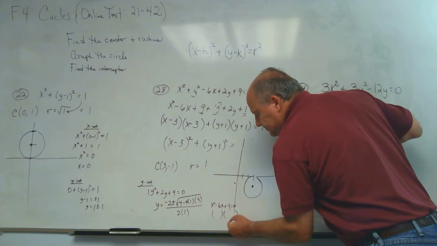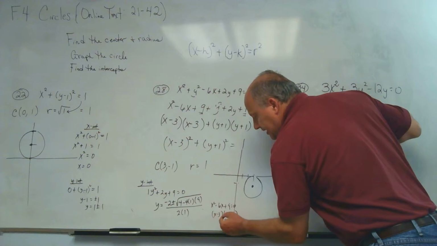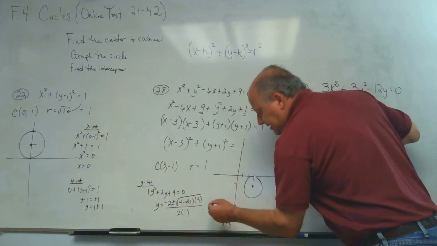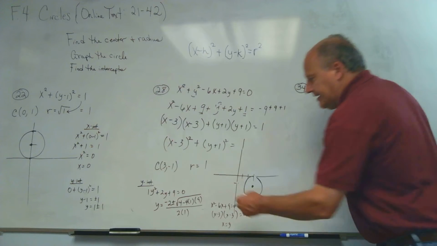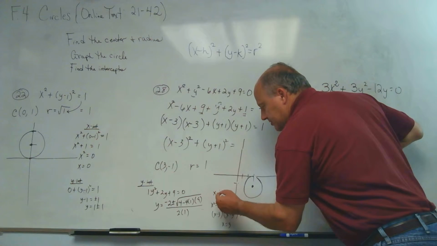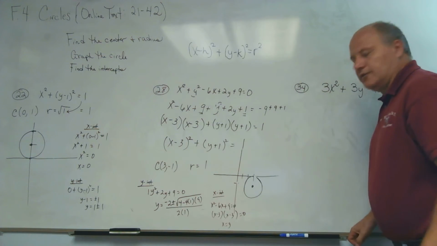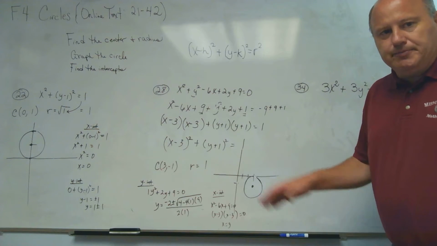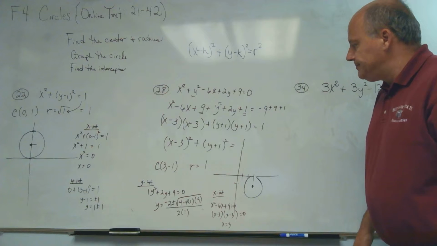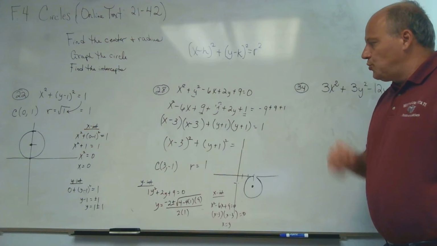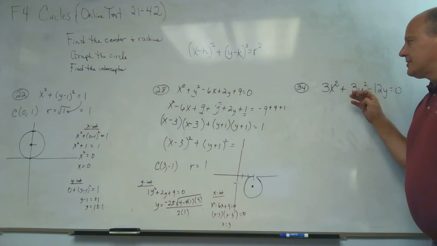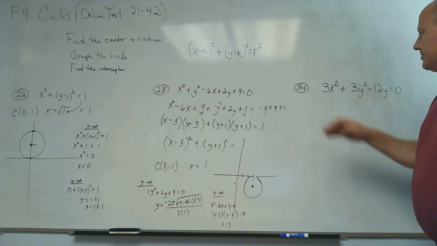And if you factor, it's x minus 3 times x minus 3 equals 0. So x is indeed 3. So that is the x-intercept. Again, it appears to be at 3, 0. Okay? So that's 28.